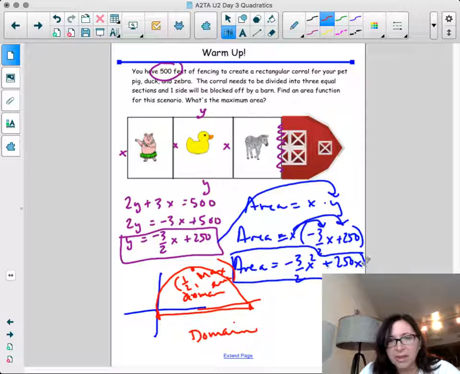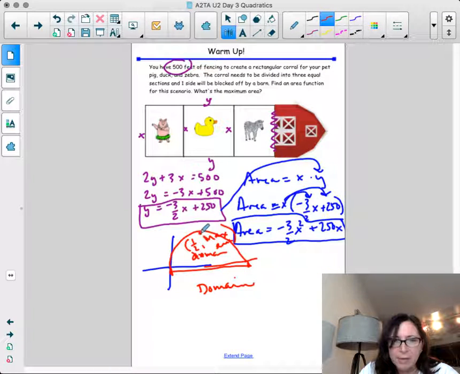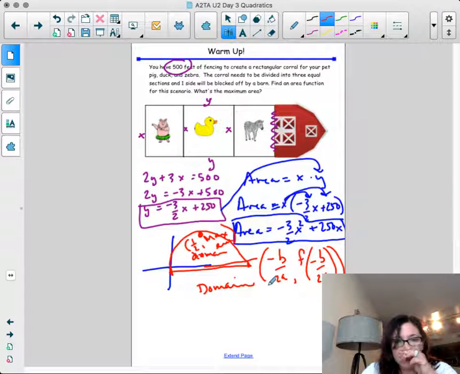So basically, I would just graph this here. I can plot points and whatnot, but to find that point right here, we're going to use the vertex shortcut, which says negative b over 2a, comma, and then you plug that value that you get back into the equation. So we plug in negative b, which is the opposite of 250, so 250 over 2a.